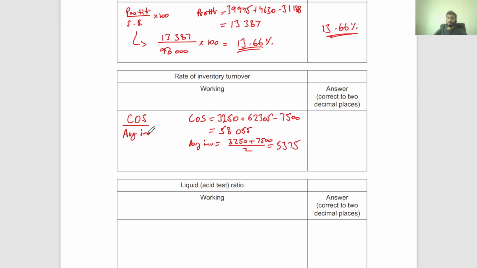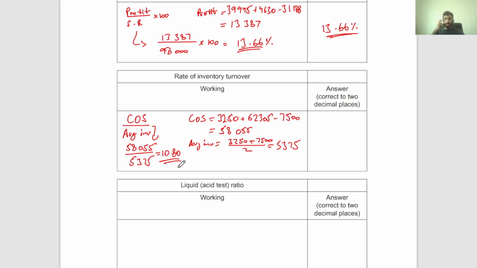Put that in the formula. It's going to be 58055 over 5375. 58055 over 5375 gives us 10.80.